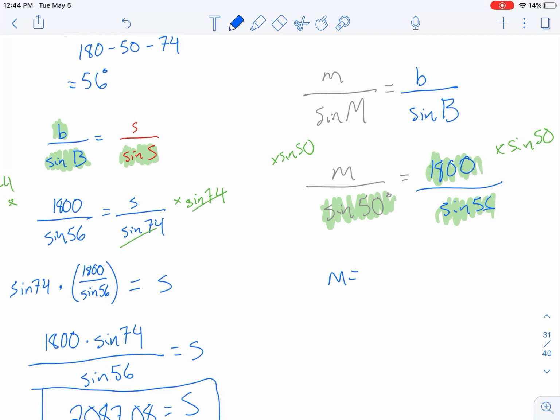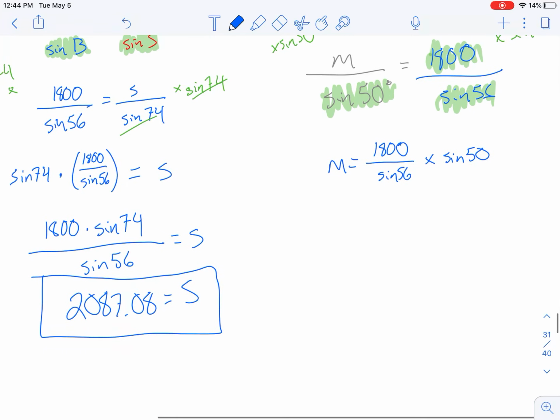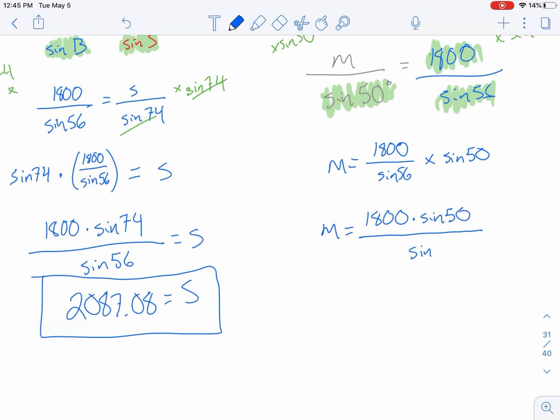M is equal to 1800 over sine 56 times sine 50. Once again, I like writing it as one whole ratio, but either way is fine: M is equal to 1800 times sine 50 divided by sine 56.